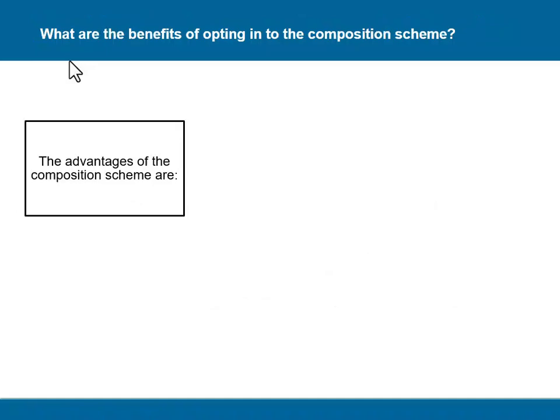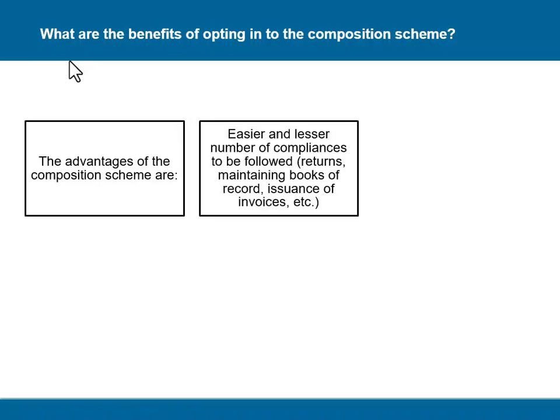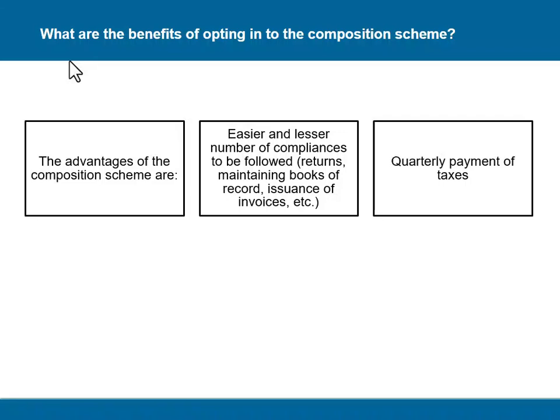What are the benefits here? What are the benefits of opting into the composition scheme? The advantages of the composition scheme are easier and lesser number of compliances to be followed, returns, maintaining of books of record, issuance of invoices, etc. So he doesn't have to go through the hassles of all the formalities of GST law.